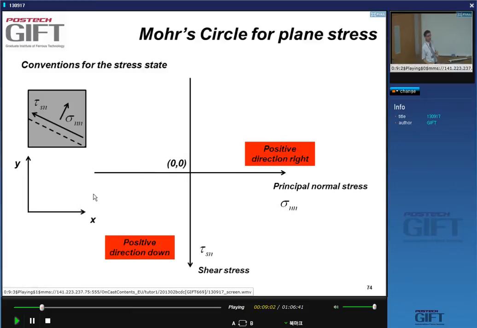And what is important is that the positive direction points downward. Okay, so that's something you have to remember. Positive directions point downward.